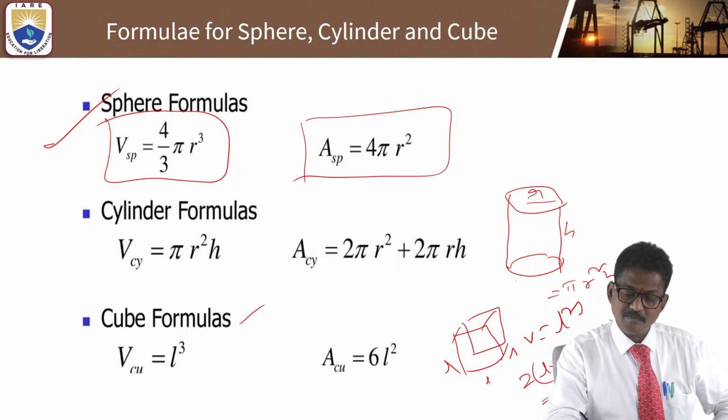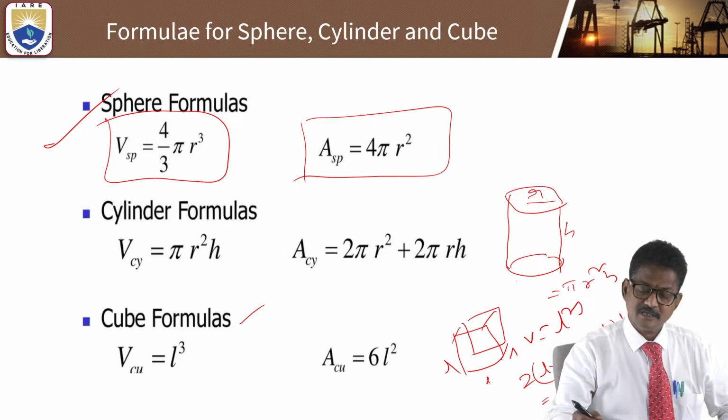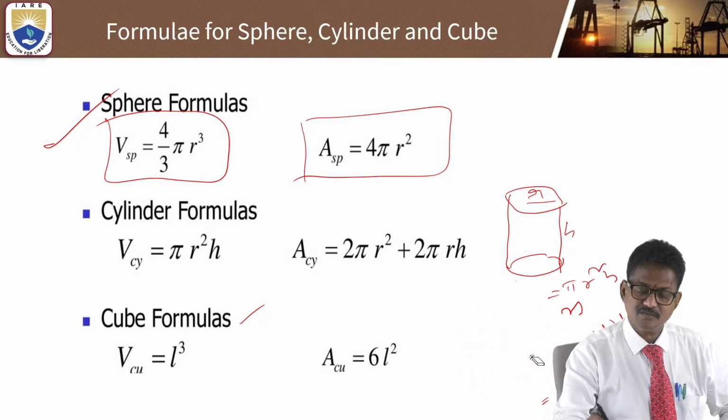So obviously 6L square is the surface area of this cube object.